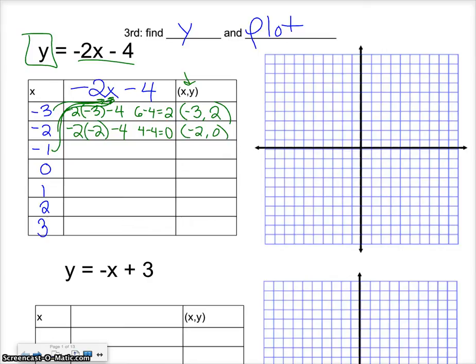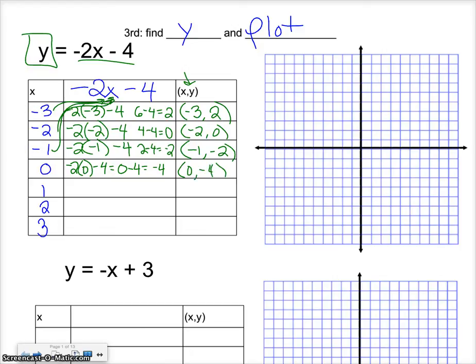But I promise you, you will get into the zone of calculating all this. It just takes a little bit of time. -2 times -1 minus 4 is +2 minus 4, which is -2. So my next point is (-1, -2). 0 is the best one. -2 times 0, minus 4: 0 minus 4 is -4. The point is (0, -4).